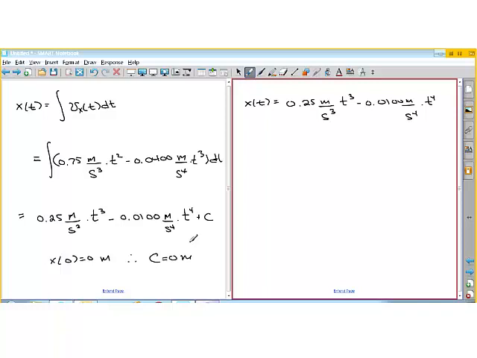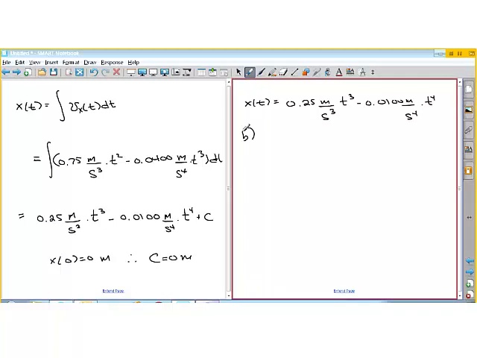So there you go, that's the first thing. Let me just check to make sure I did that right. The displacement is 0.25 t cubed minus 0.01 t to the fourth. Velocity is, yep, okay. So that's part A.